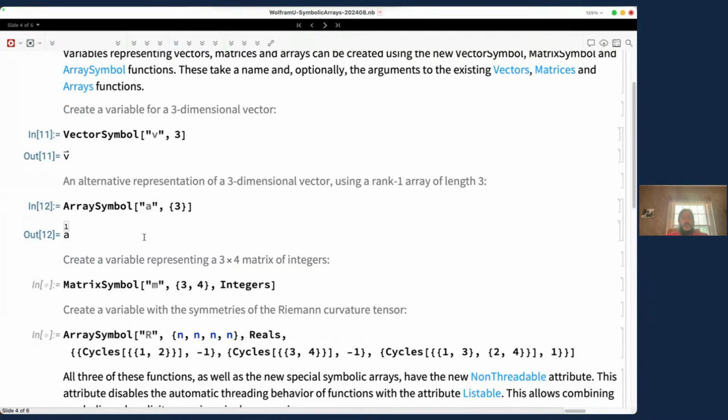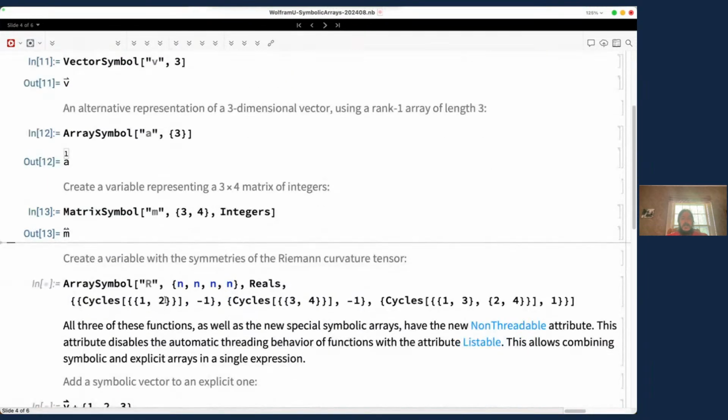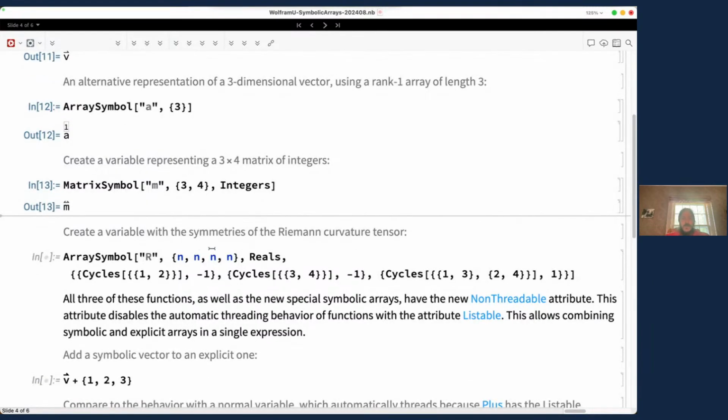Here's a 3x4 matrix over the integers. Again, we get the little back and forth arrow. And when I hover over it, we see Z to the 3x4 telling us that it's over the integers. Here's a more complicated example, and now you'll be able to tell that my background is in the theory of relativity because I'm going to create an array with the symmetries of the Riemann curvature tensor.